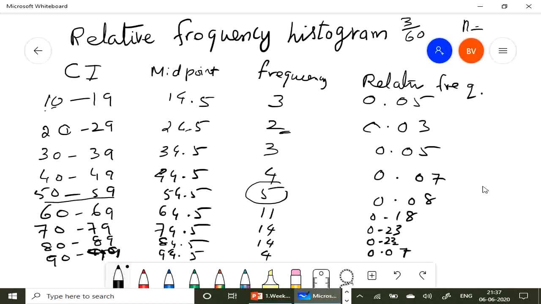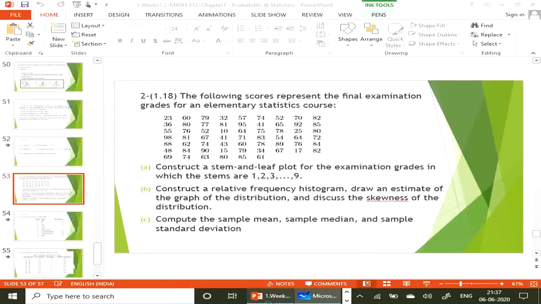Now we are going to draw the histogram for the relative frequency. The x-axis will represent the midpoint and the y-axis will represent the bar height, that is, the rectangular box will represent this height. That is shown here in this graph for you.